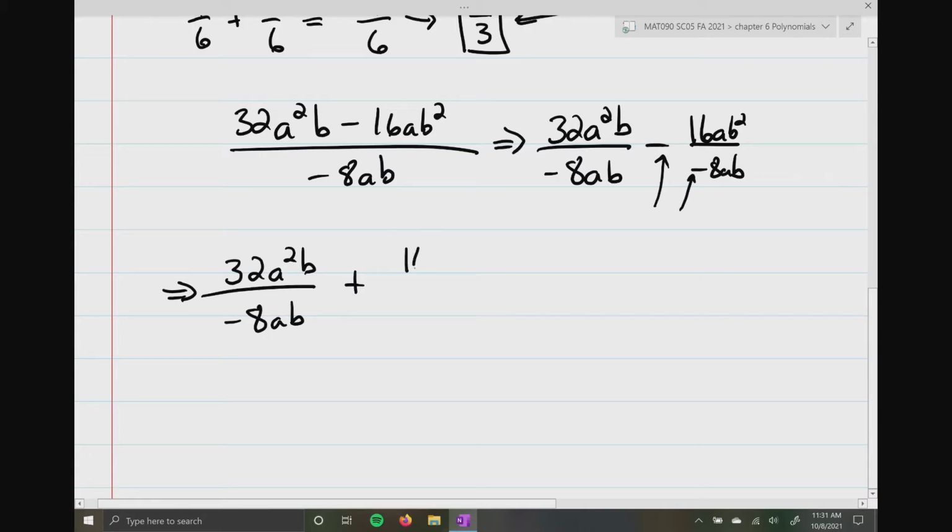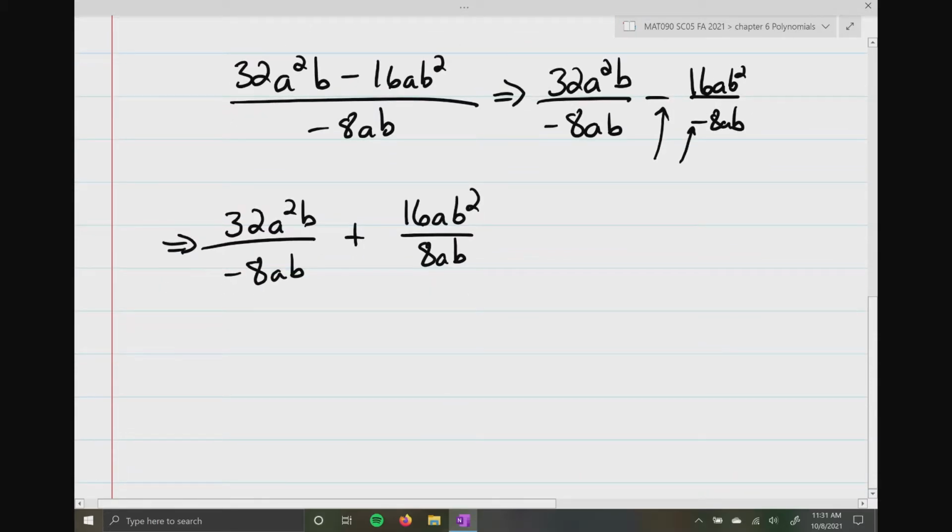Now, if you want to, just watch. I'm going to do the first term. 32 divided by -8 is -4. A to the second divided by a to the first is a to the first. And b over b is 1.